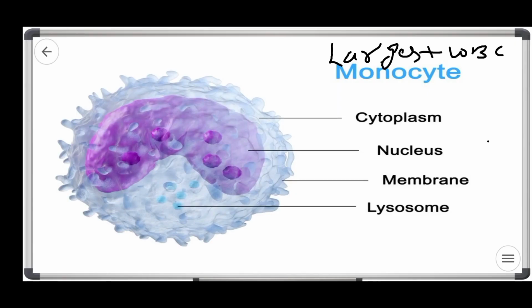Now firstly we are discussing monocytes in detail.